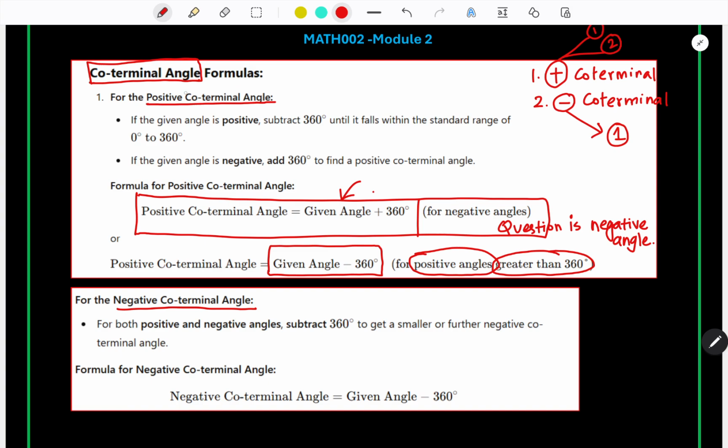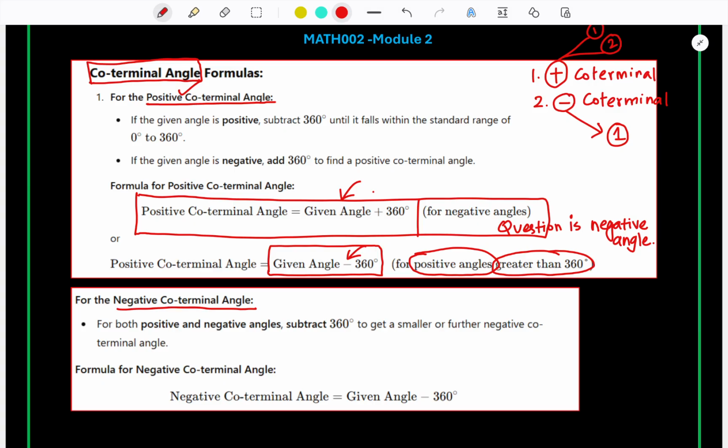Teacher, you said positive co-terminal. Why is there a minus in the formula? Again, I'll repeat. If the question gives a positive angle and it is greater than 360, what is the meaning of this?